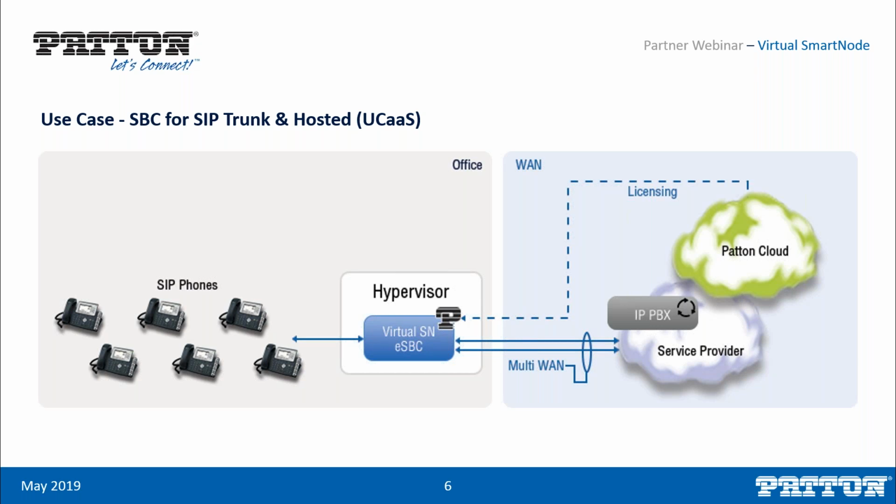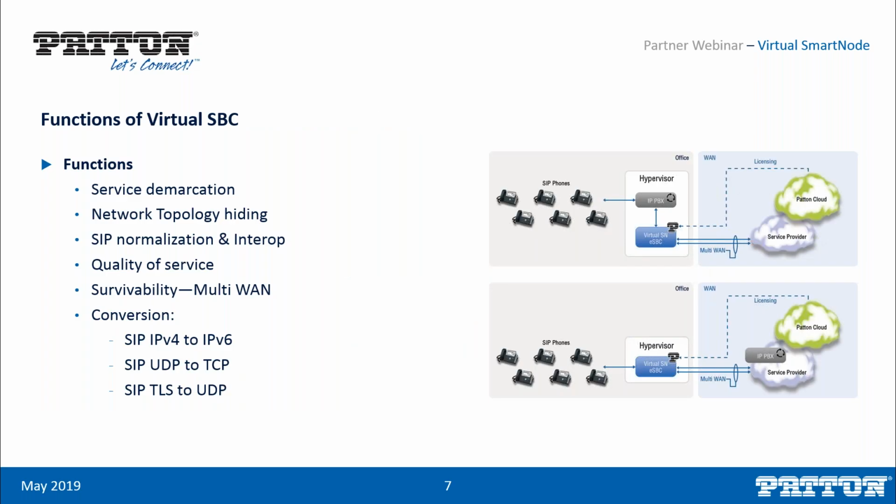Another nice functionality, as you can see, is the multiple WAN links. The virtual SmartNode, acting as an SBC, is able to manage between the different WAN links, so for survivability use cases this is a very nice solution. Summarizing the functions of a virtual SBC: service demarcation, network topology hiding for security, SIP normalization and interop.